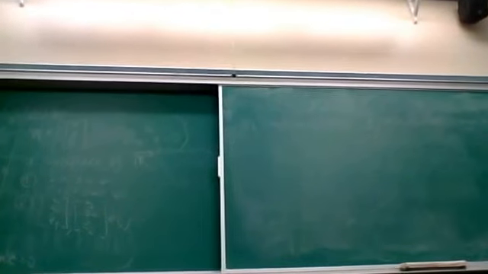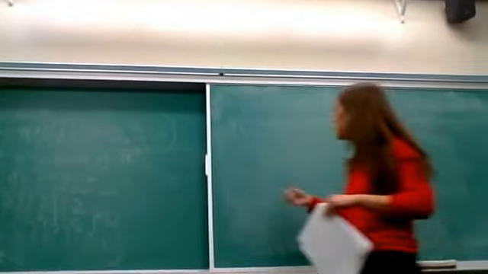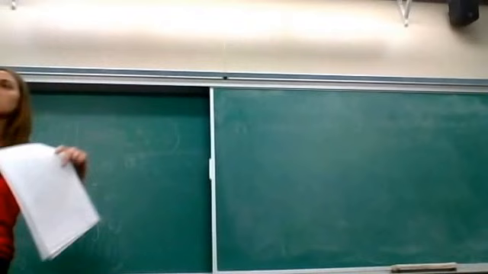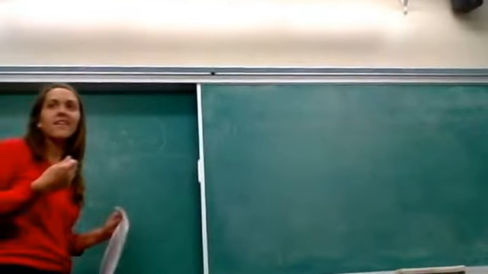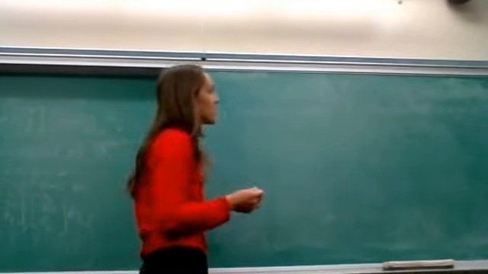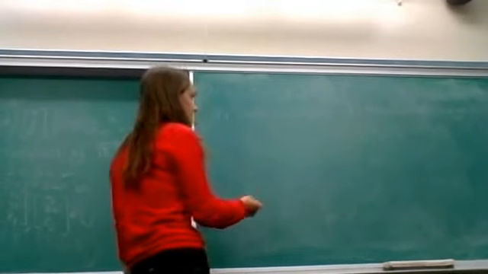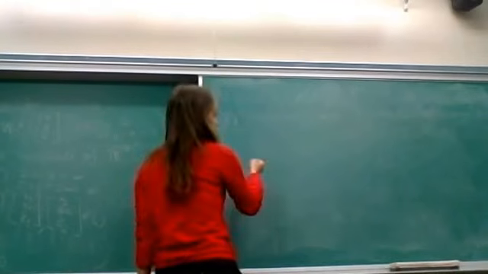So when we said that the null space of a certain matrix is the set of solutions to a certain system, you can say that W is the null space of a matrix.